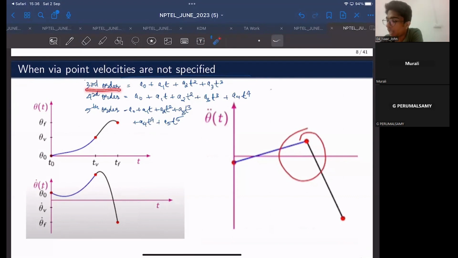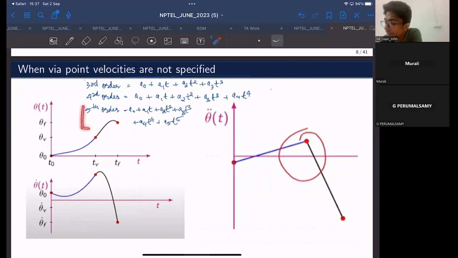For a third order, we have a0, a1, a2, a3. So that in a way means we can control 4 boundary conditions, right? For a third order polynomial, we can consider the initial and final positions. We can also control initial and final velocities.